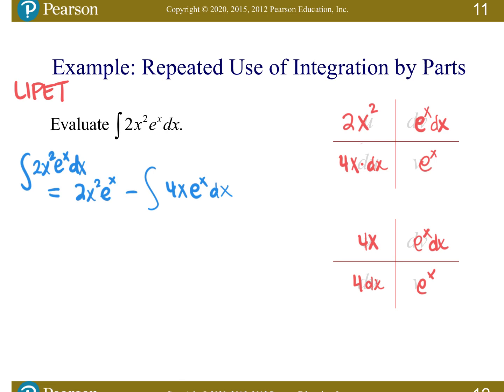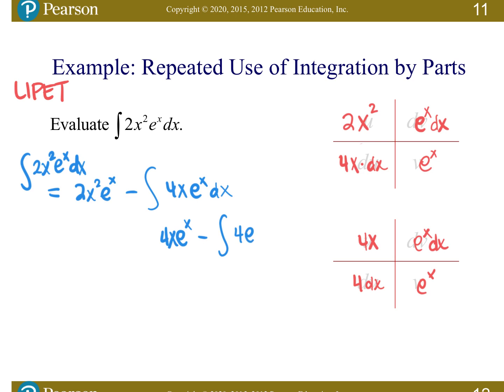Okay, passing it over to Reagan. All right, Reagan, do the combination for that one. The integral of 4x e to the x dx equals 4x times e to the x, minus the integral of e to the x times 4 dx.